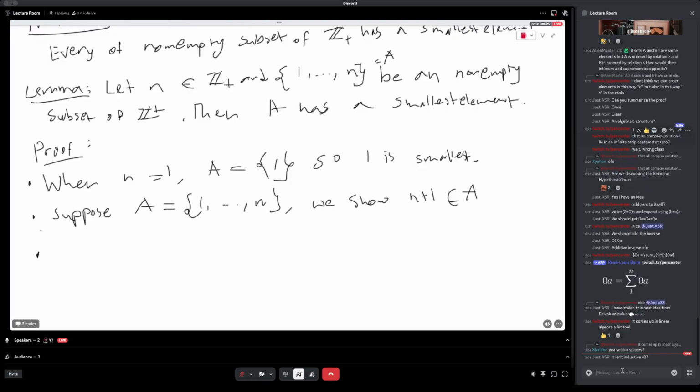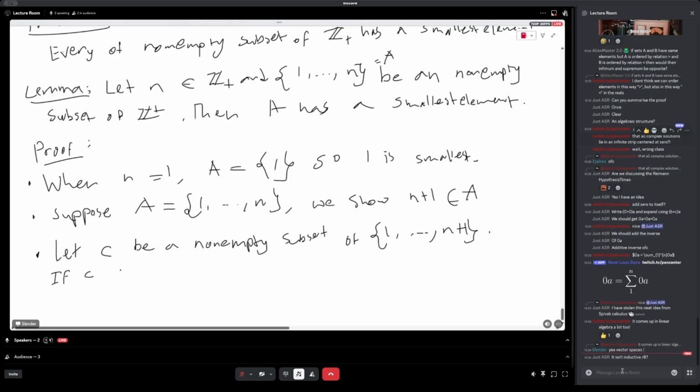So now let C be a non-empty subset of 1 through n plus 1. Now, if C is just the set containing n plus 1, then n plus 1 is the smallest element of C.